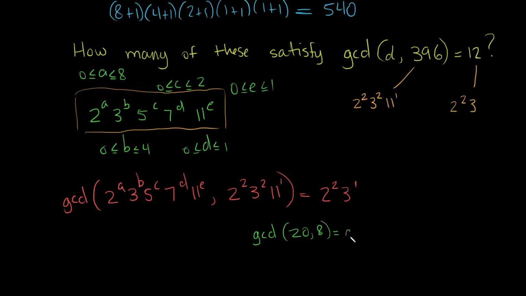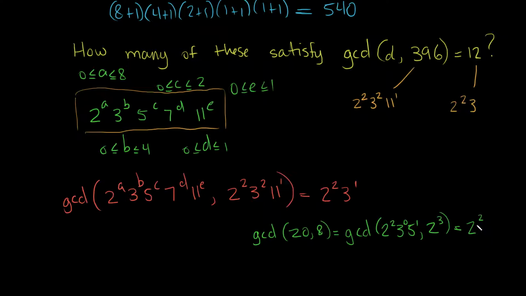Well, this is equivalent to the GCD of 2 squared times 3 to the 0 times 5 to the 1, so 4 times no 3's times a 5, so 20, with the number 2 cubed, 8. We know from experience that the GCD, the greatest common divisor, is going to be 4, because anything greater wouldn't go into 8, and anything less than that, well, it would still go into both. So this is going to equal 4, or 2 squared.